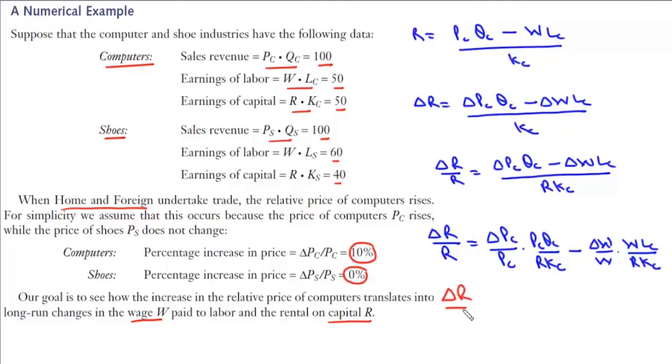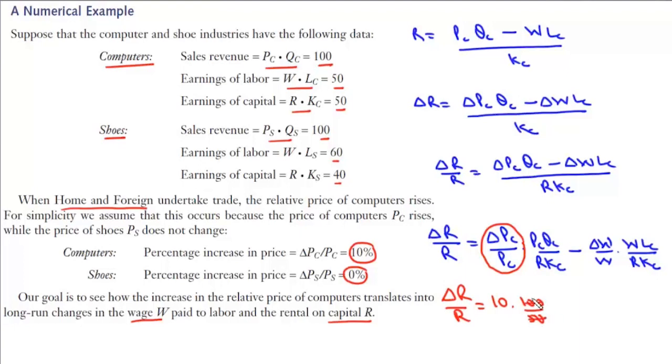So we can write delta R upon R equal to delta PC upon PC, which is the percentage change in price for computers, and is 10%. So it will be this 10% into, now PC into QC is sales revenue, so it will be 100 divided by RKC, and RKC is the earning of capital, which is 50.